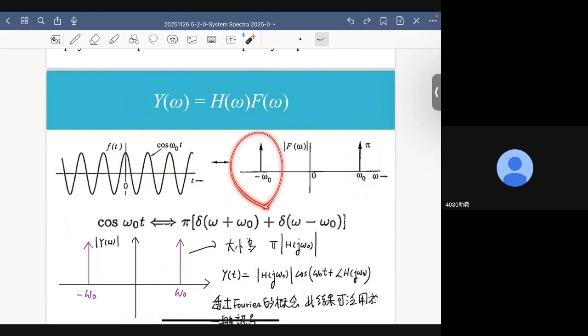The fact that we have the negative frequency component does not mean a negative frequency component exists. It does not exist. Why? Because negative frequency has no definition. But why do I have this? The reason is that we use the exponential representation.